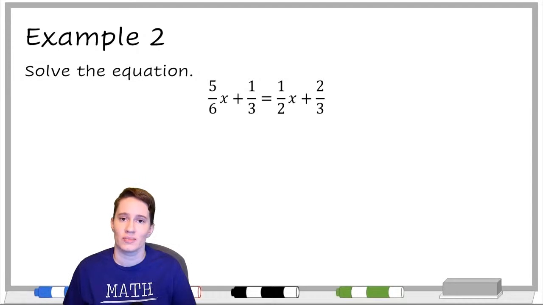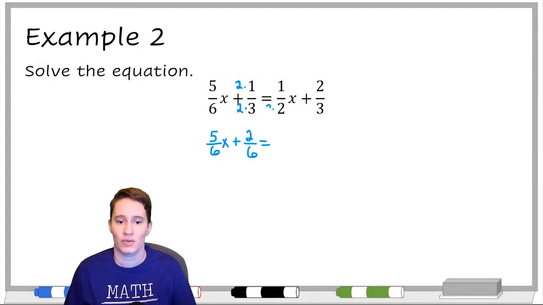So since I want these all to be 6 on bottom, this first one is fine as 5/6. The next one, 3 on bottom, we multiply by 2, and that gives us 2 over 6. Now we are going to do the 1/2, so we need to multiply that by a 3 to get it to be 6 on the bottom. So 3/6 x.